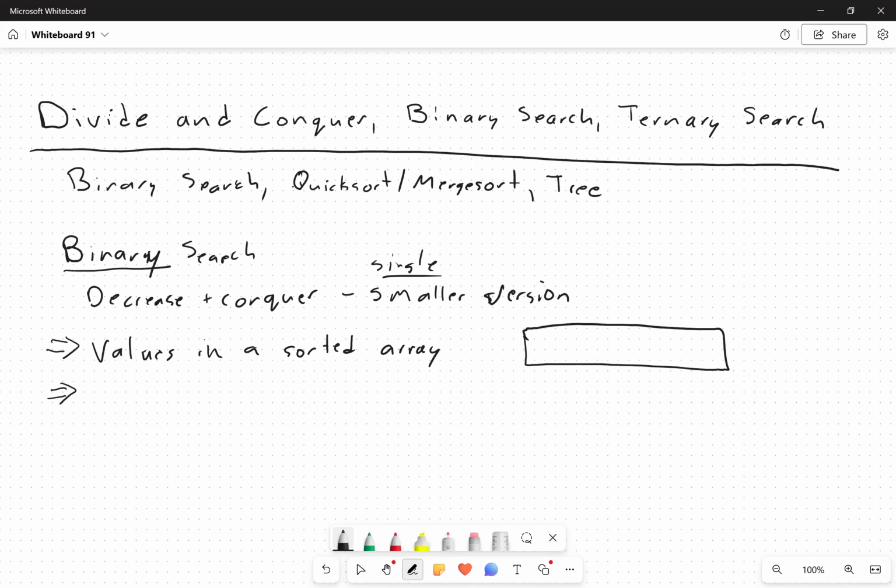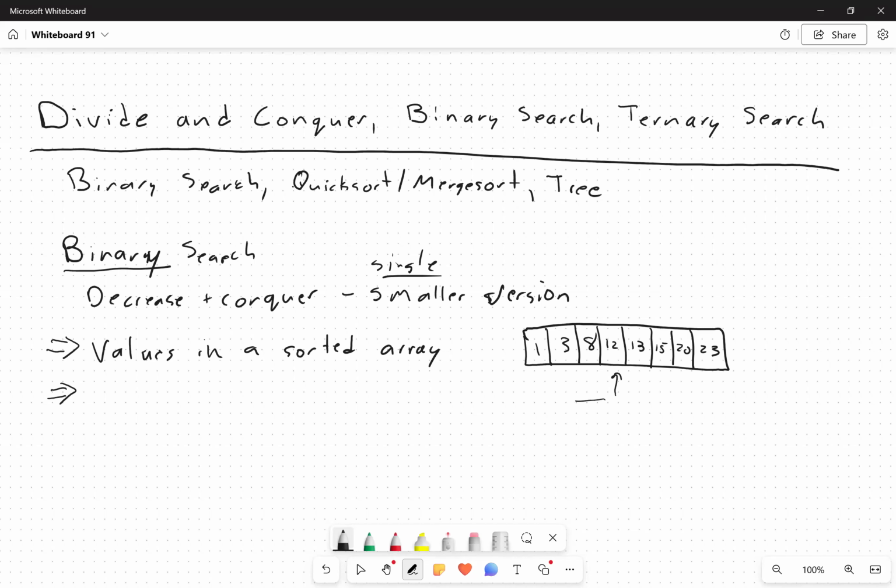So extending the idea of values in a sorted array, just as a quick and very silly reminder, if I've got a whole bunch of values here: 1, 3, 8, 12, 13, 15, 20, 23. And I want to say, is the value 9 in the array? I would first go somewhere in the middle, like there, 12, and I would say, is the number 9 greater than or less than 12?